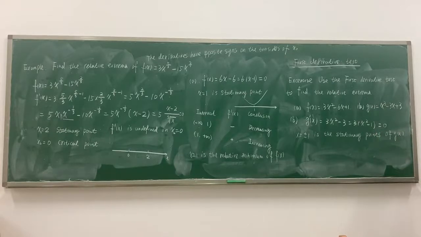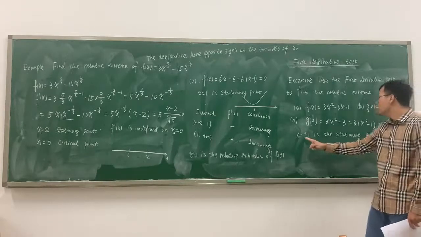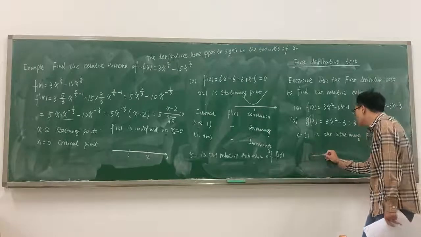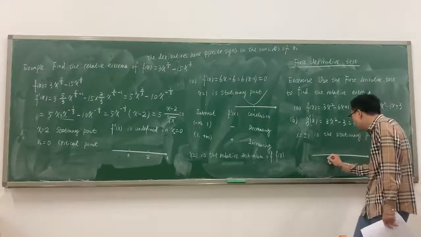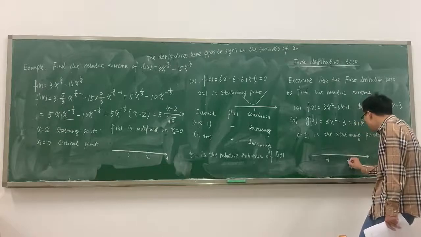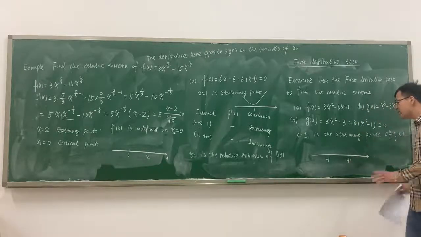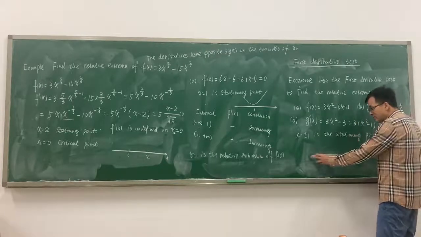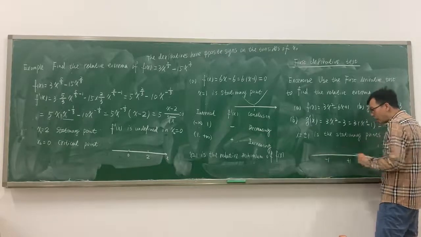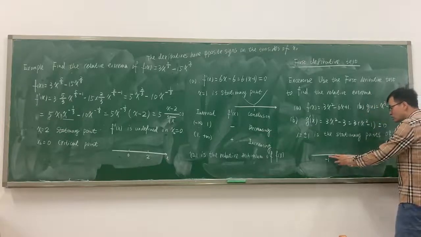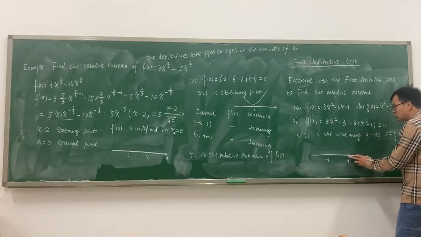So here we need to see plus 1 and minus 1. Here is minus 1, here is plus 1. So we have 3 parts. The first part is minus infinity to minus 1. The second is minus 1 to 1. The third is 1 to plus infinity.